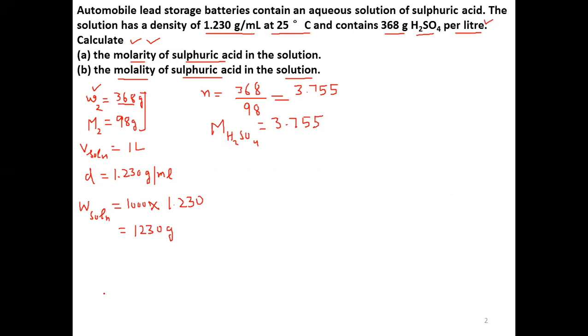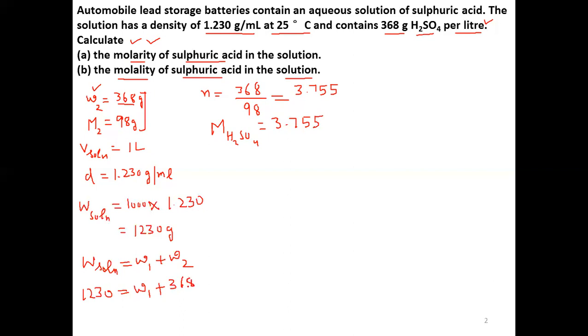So weight of solution, W solution, is equal to weight of solvent, which I will denote by W1, plus weight of solute. This is the total weight of solution. We know W solution is 1230. W1 we have to calculate. We know the weight of solute is 368 gram.